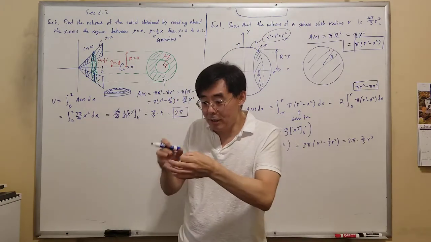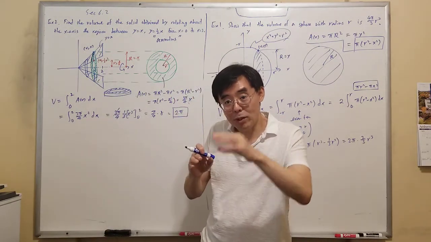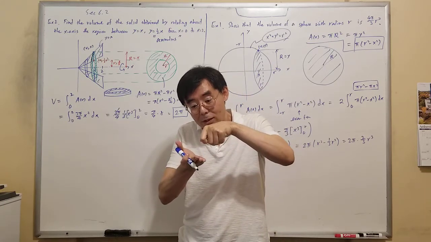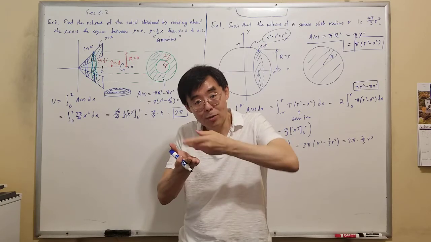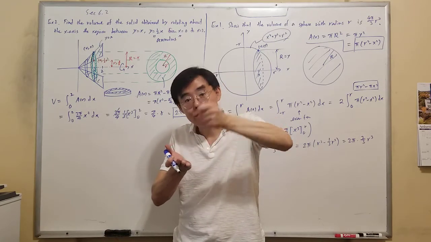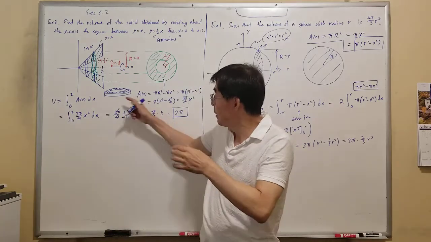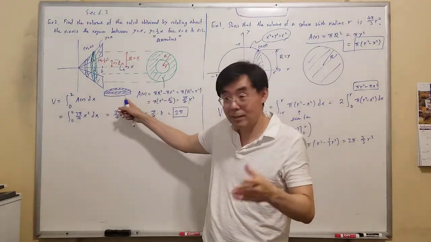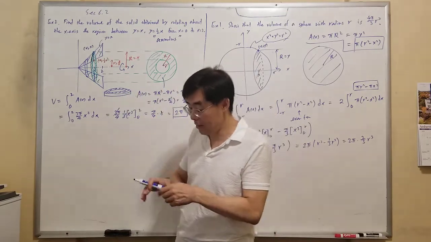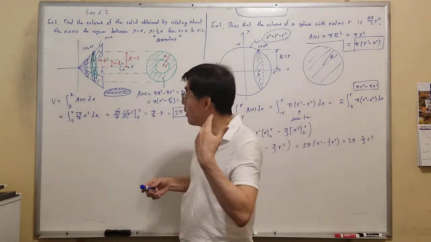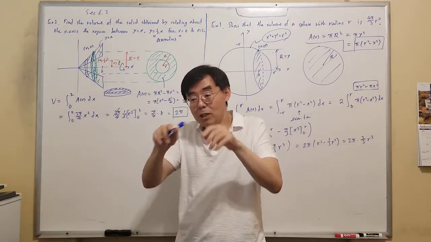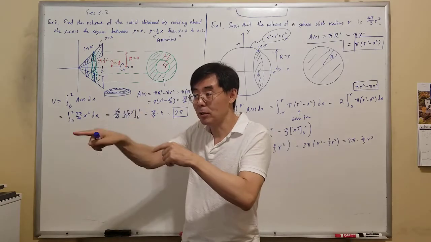The washer is a little thin metal plate between the bolt head and the surface you are tightening your bolt through, right? So the bolt will be really fastened and not going to be rattled and then unscrewed. That little thin plate, that's a washer. That's why we call it the washer method. The washer method is for finding the volume of a region obtained by rotating a certain planar region around a certain axis.